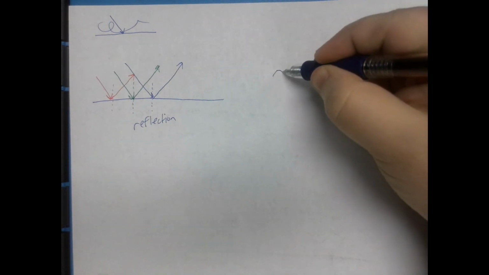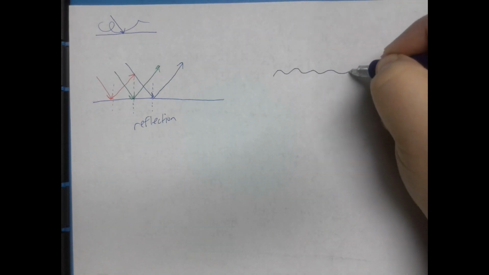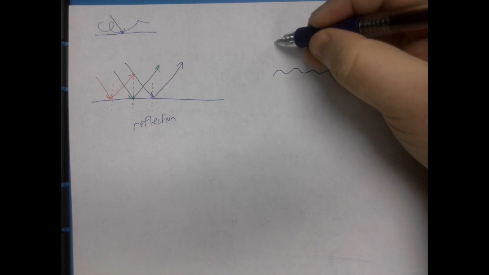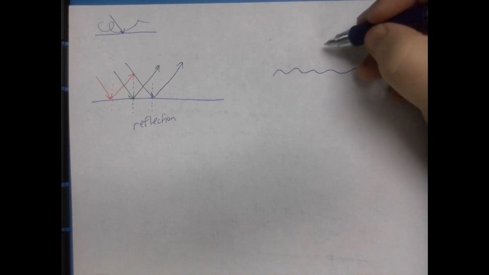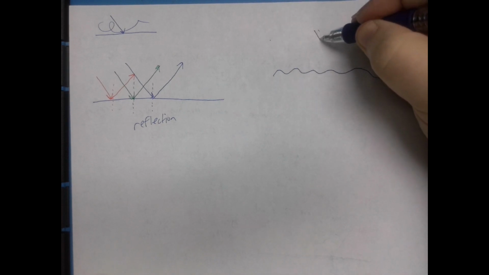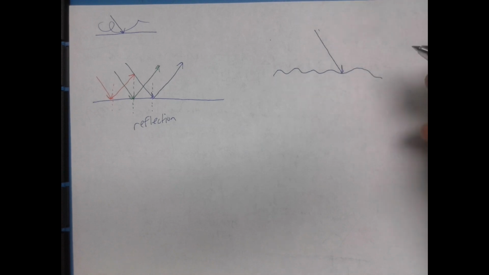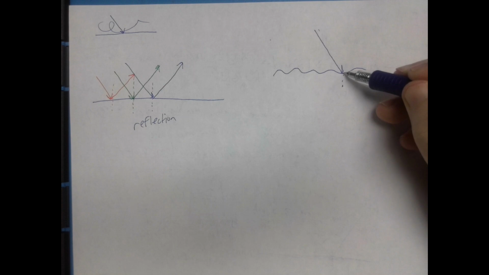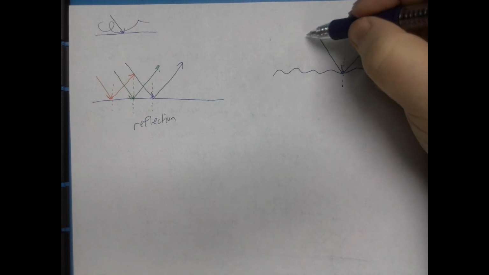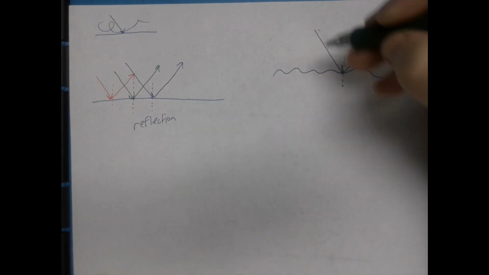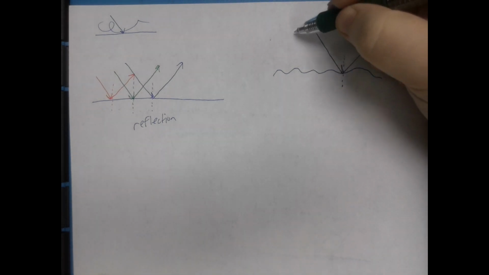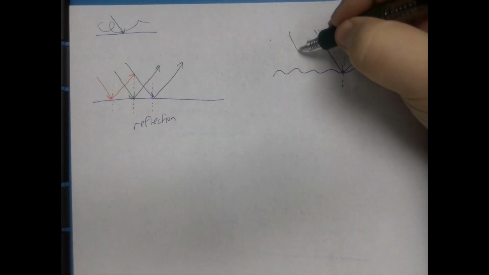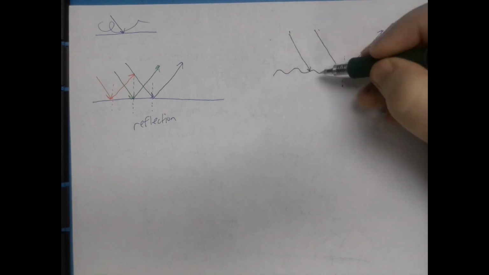But then, what would happen if we have a bumpy surface? So light comes in, strikes right here. Again, we draw something that's perpendicular to the point it strikes. So it would bounce off like this. And let's say that it comes in, strikes right here.